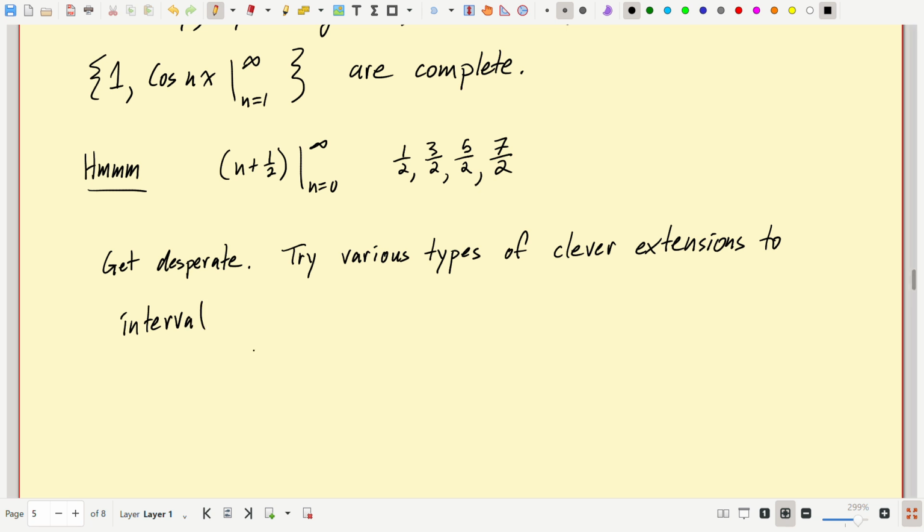So to intervals to make various terms in the Fourier series cut out. And in this case, it would be all the sine terms and half of the cosine terms.